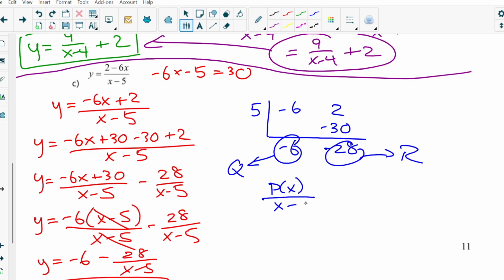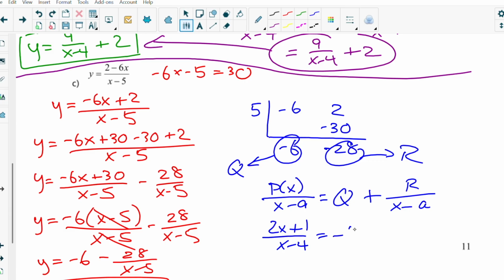Okay, so polynomial divided by my divisor equals, that should be an a, equals the quotient plus the remainder divided by also my divisor, x minus a. So my polynomial I started with is 2x plus 1 divided by x minus 4.